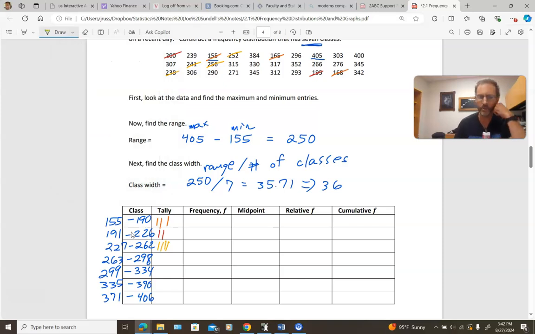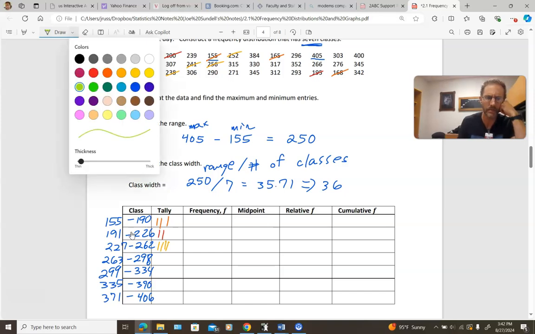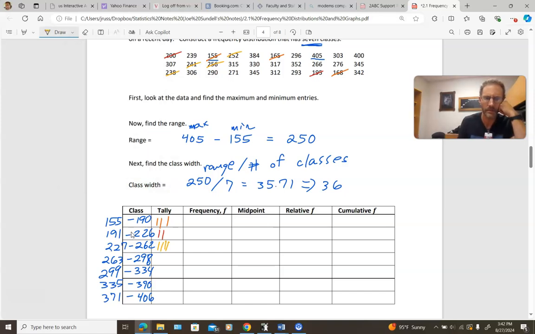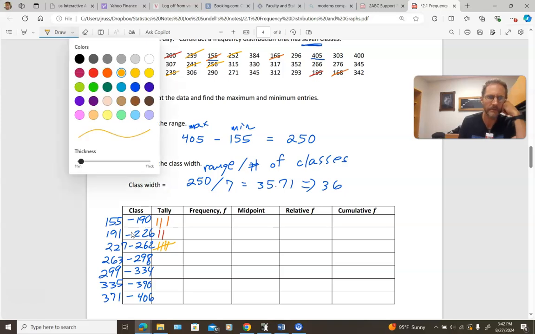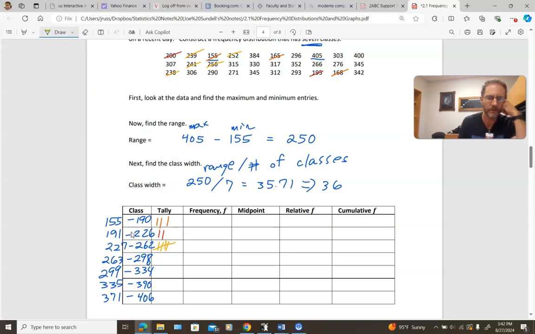Oh, wait a minute. I think I missed one. That last one. The 239 goes in this class as well, and that actually makes 5. All right, so now for the fourth class, 263 to 298.